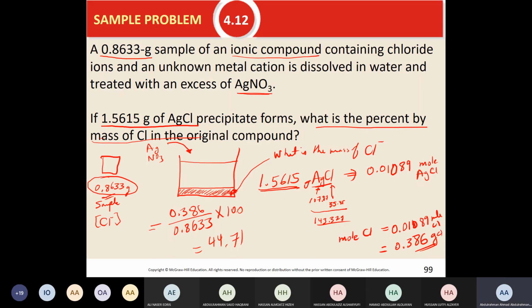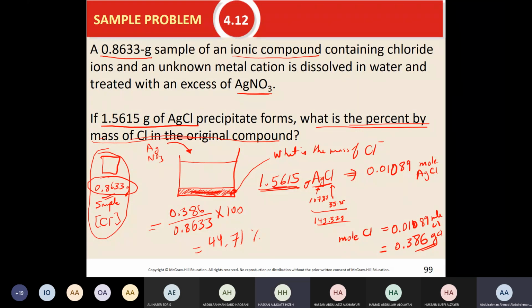All right. Do you know how to do it this way? Doctor, why don't we use 1.5615? Because that's the mass. I want the mass in the sample, the percent mass in the original compound, which is this sample. I use the 1.5615 to calculate how much chlorine is available in this solid that comes from Ag.